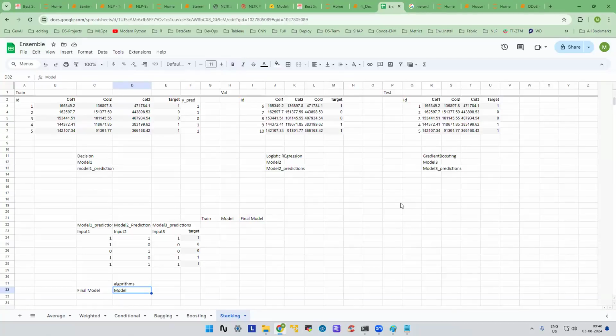That is stacking. So basically, instead of relying on one algorithm, we are taking multiple algorithms. Again, we are training it on the output data or predicted output data, and then that is going to be the final one. So instead of averaging it out or majority vote, we are applying another algorithm in stacking.